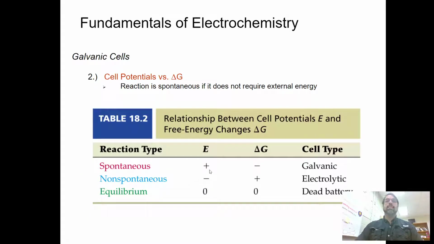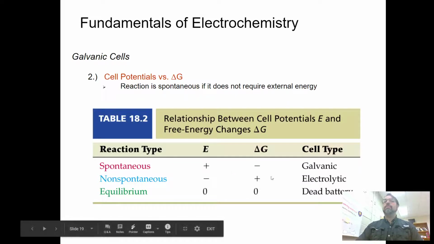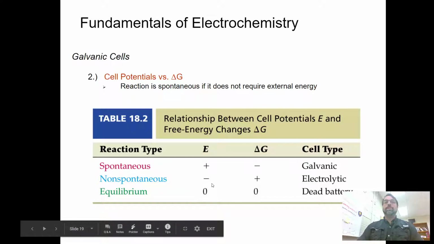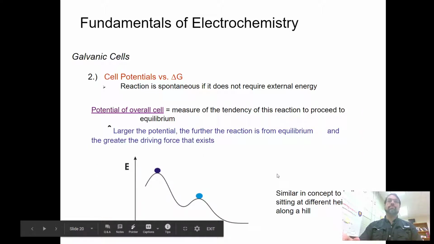So we have to have a cell voltage that's positive and a negative delta G. If it goes the other way, that's an electrolytic cell, and that's usually what happens when we force it to go in the opposite direction. So for instance, when we charge it, we're changing the direction that the flow is going, okay? And if we have no voltage at all, then we have a dead battery because there's nothing flowing, all right?